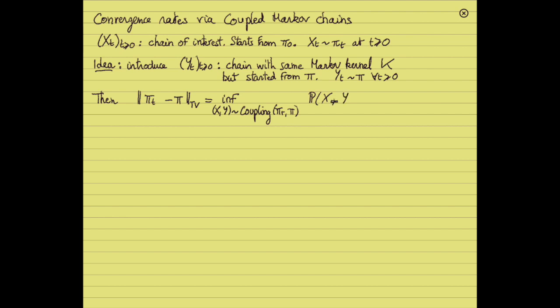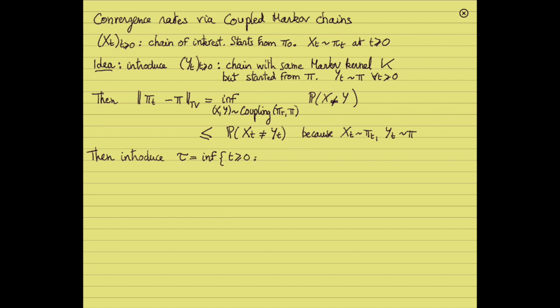So over all pairs of variables xy with marginals pi t and pi, the TV is equal to the infimum of the probability that x is different than y. And of course, then it's less than the probability that our xt is different than yt, because xt yt as defined above are a particular coupling of those distributions pi t and pi. So because it's a particular coupling, it must achieve more than the infimum.